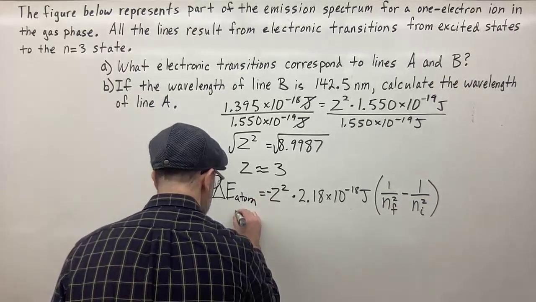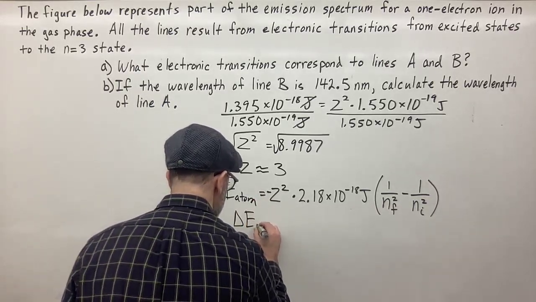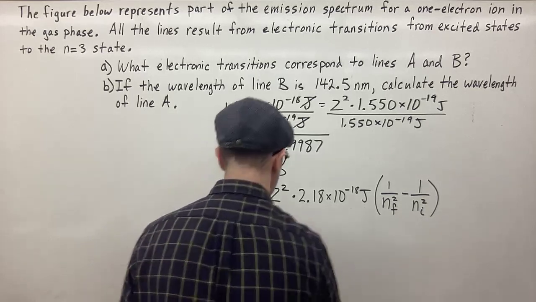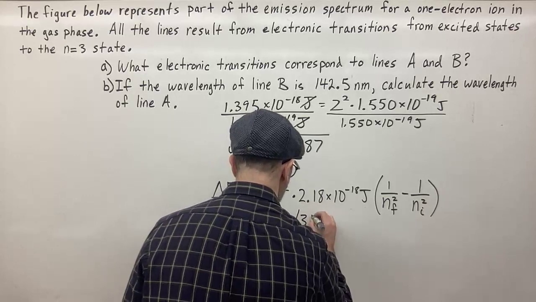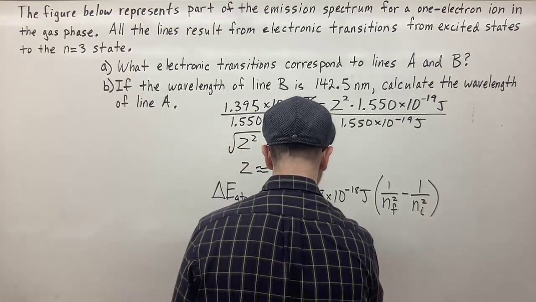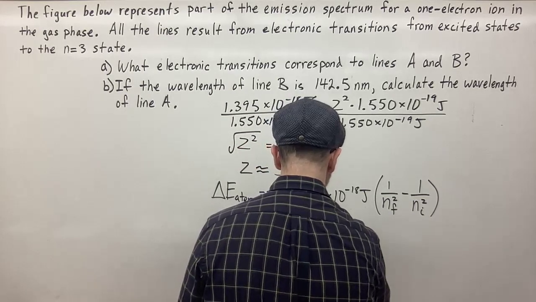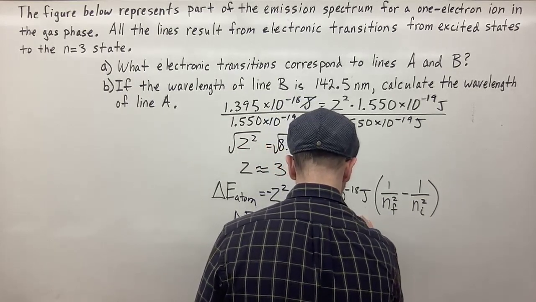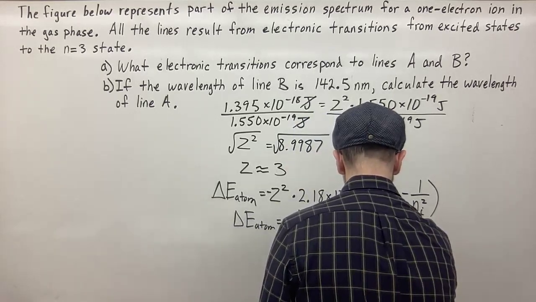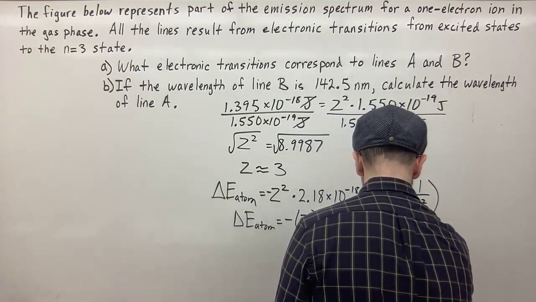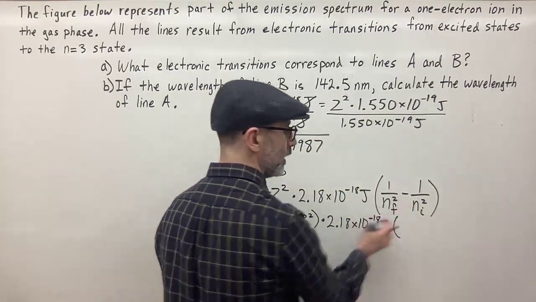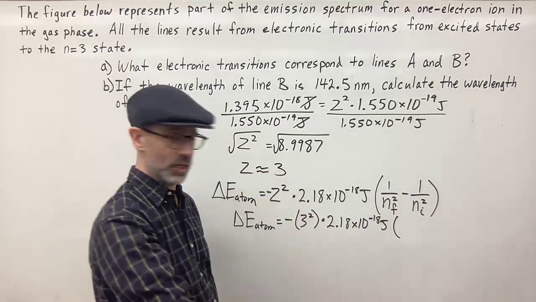So delta E of the atom is going to be equal to negative 3 squared times 2.18 times 10 to the negative 18 joules multiplied by 1 over the final. Again, the final energy level was level number 3.